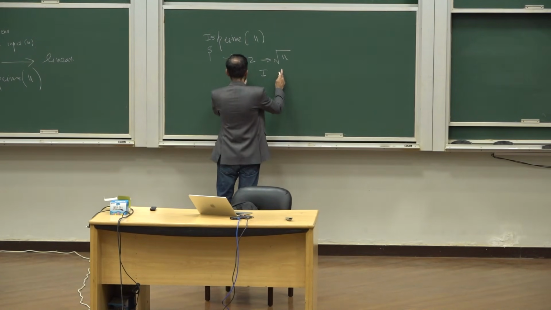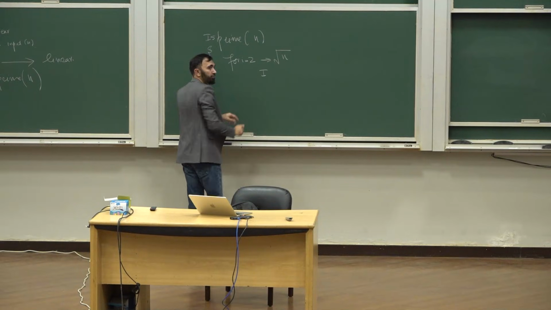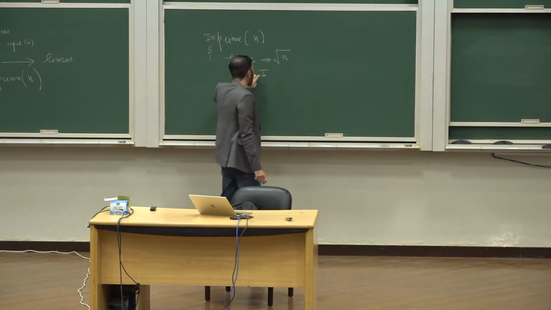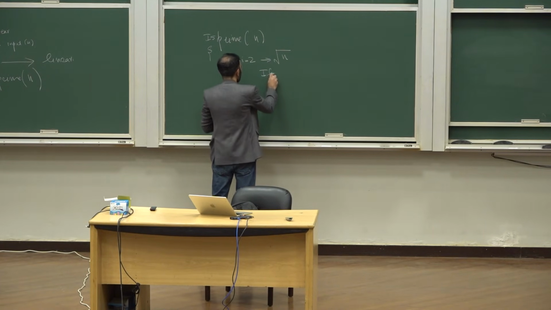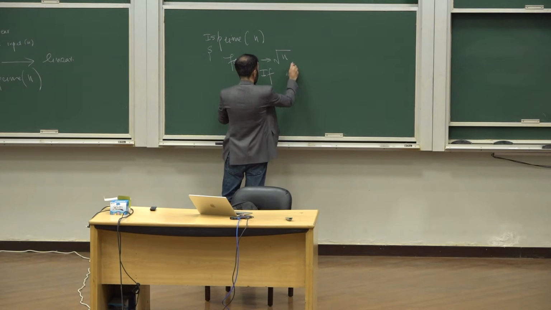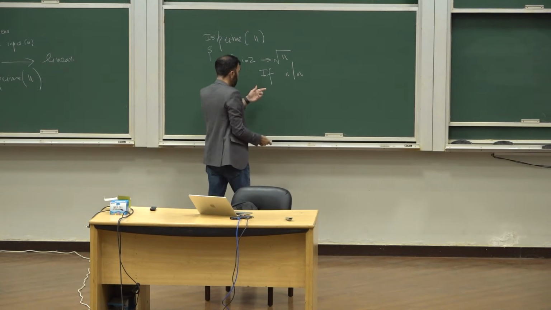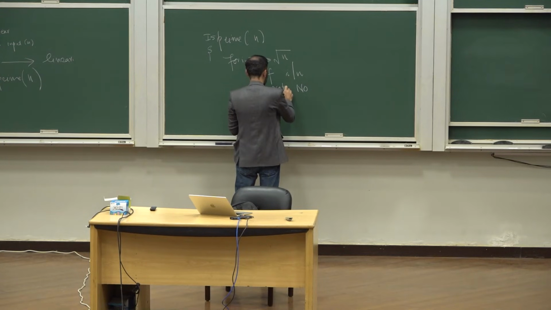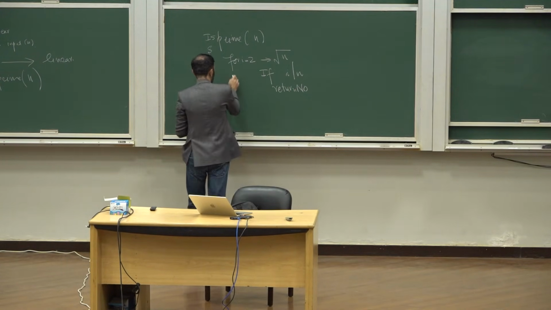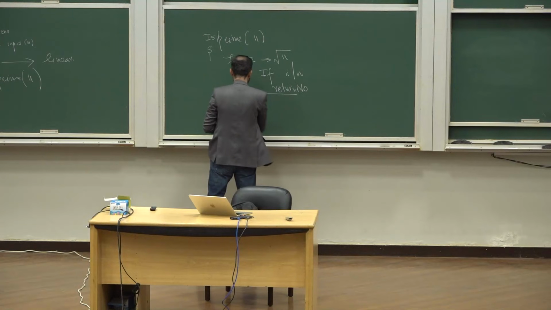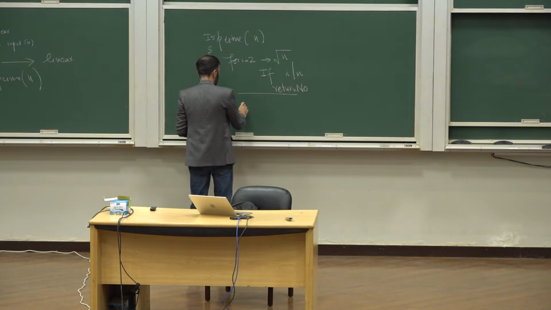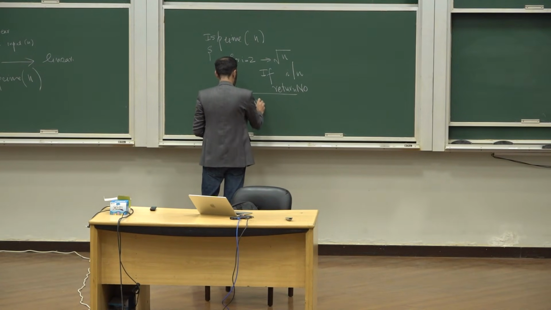You can see this, right? If i divides n, then you return no. And if this loop completes, then none of these numbers divide, and then you return a yes.